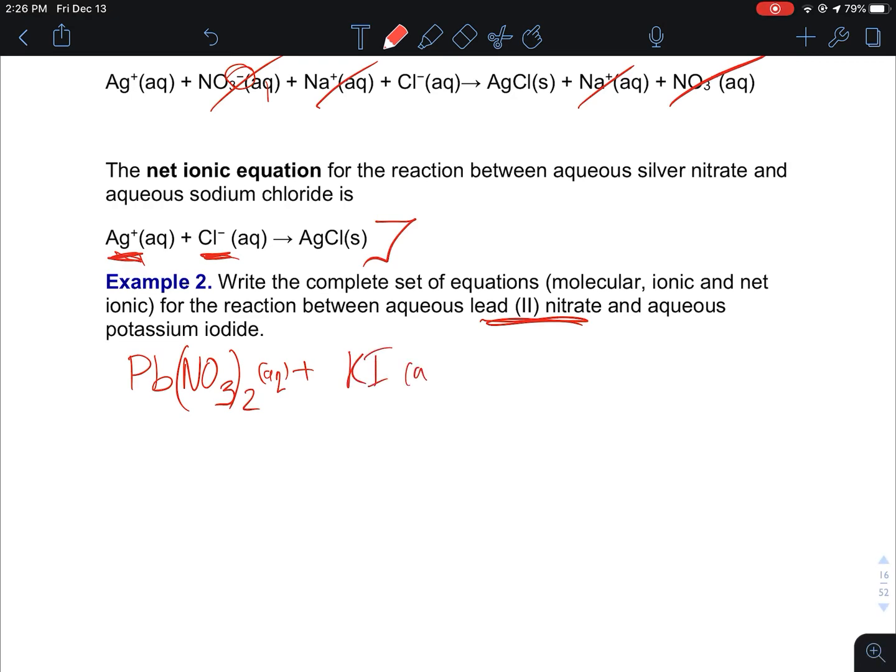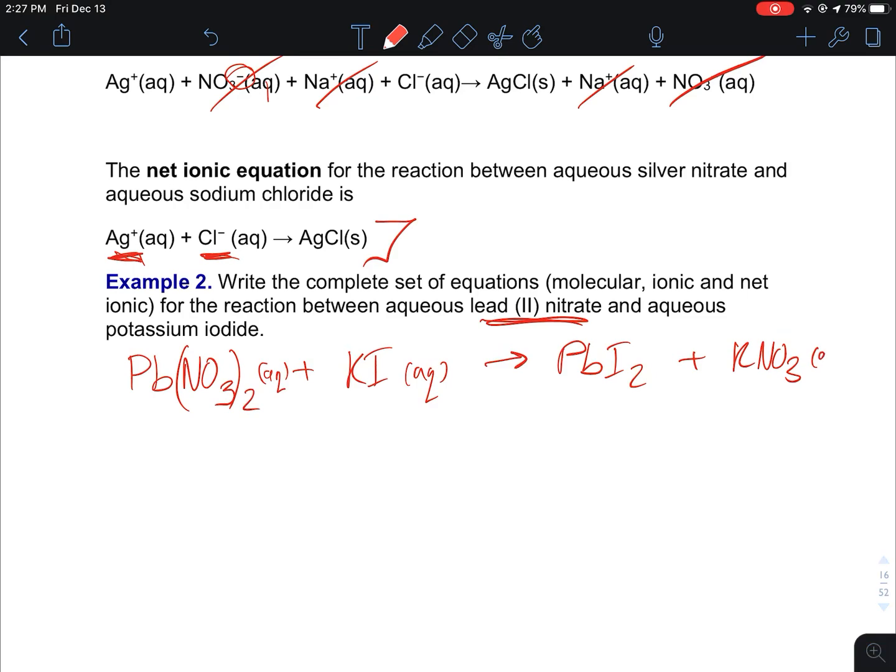So this is also another reaction we've done on the previous booklet. This is going to give us lead iodide. Iodide and nitrate have the same charge, so we know that we're going to get the same number of them joining up with that lead. And potassium and nitrate are also +1 and -1 charge.